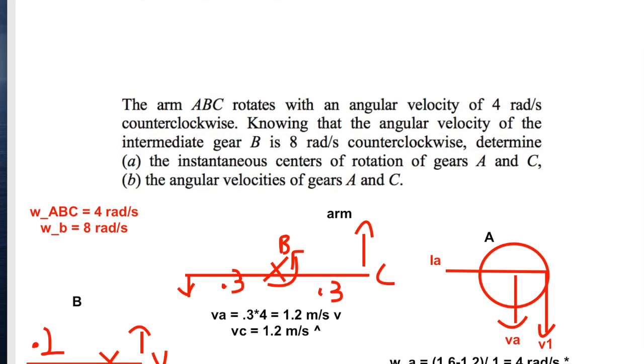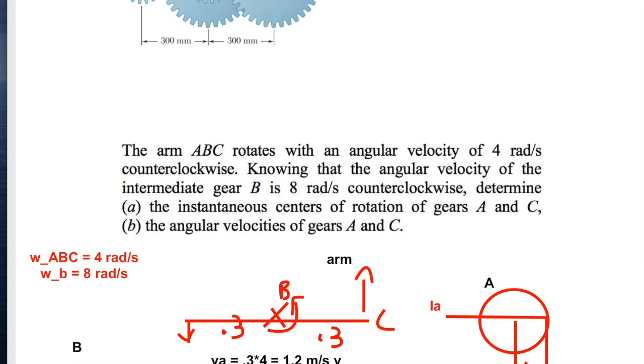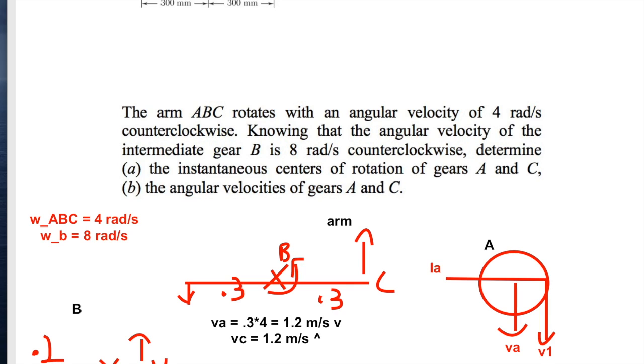Next, we just look at gear B itself, since that's the one we have the most information about. We draw the same kind of diagram at this point here. We know from the contact point of B to C is 0.1 meters, and from B to A is 0.2 meters, so we make this velocity 1, velocity 2.